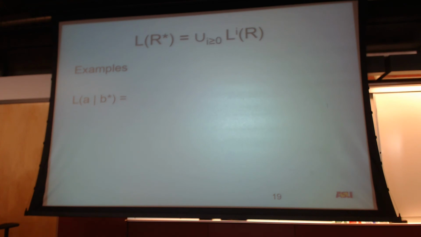So we want to find out this A bar B star. How do I divide this? Go step by step. Follow the rules. L of A bar L of B star. Not bar. When you are talking about language, there is no bar.